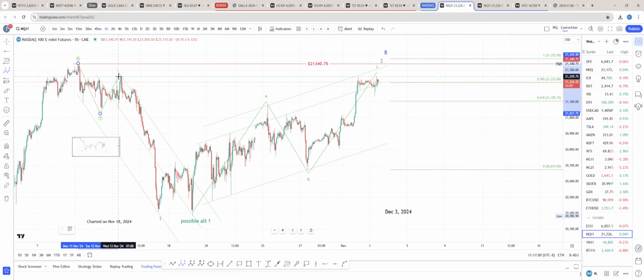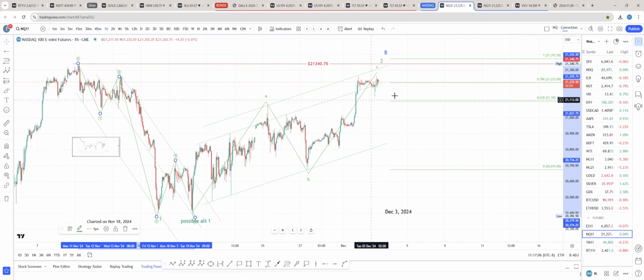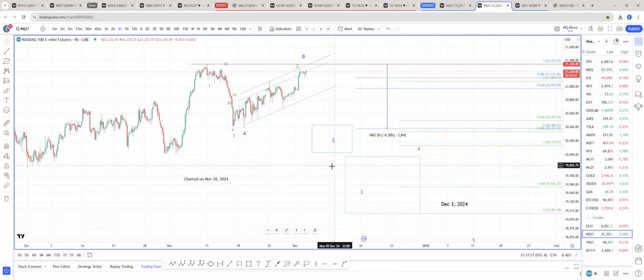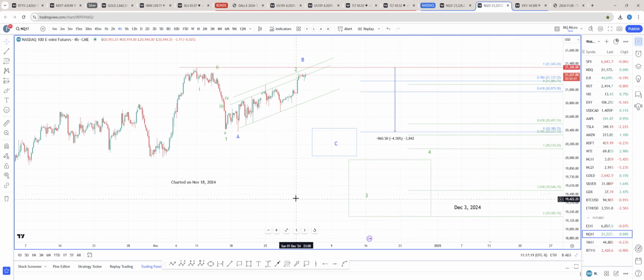So this could be an impulse, and then we would expect another impulse or a bigger wave down after this flag technically completes. So if we look at this slightly bigger picture, this would be our expectations.